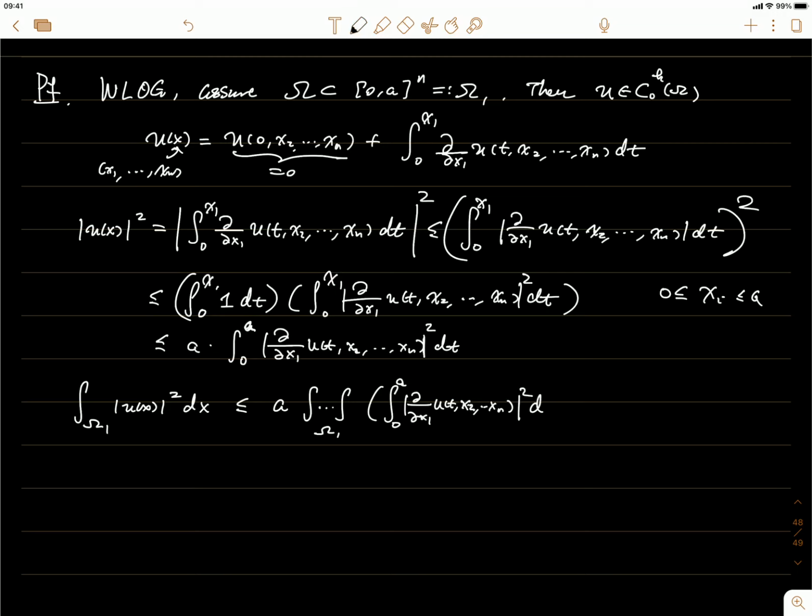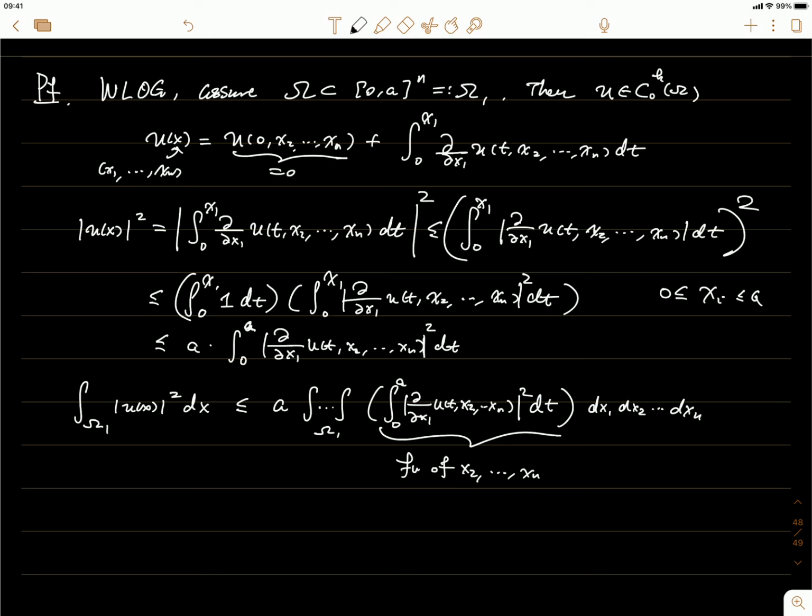This squared dt. Remember that this is a function of x2 through xn only. Okay, and then we take the integral of this for dx1 dx2 all the way dxn.